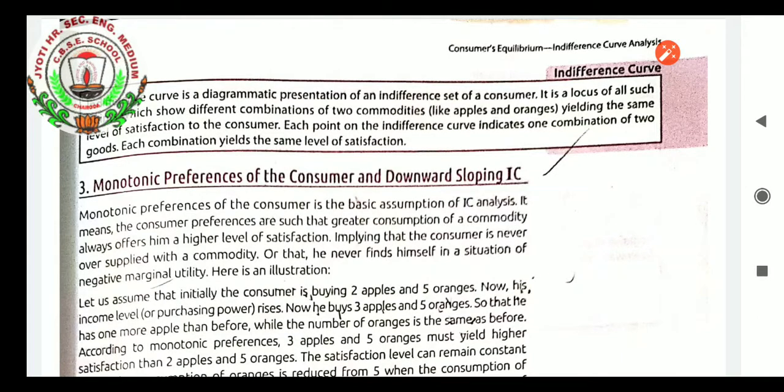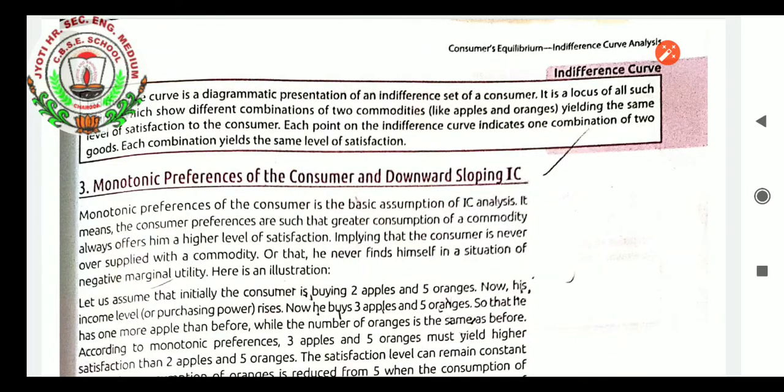In the same way, monotonic preference is important. Monotonic preference means the first preference a consumer gives to a particular good, where mono means single and preference means importance. So single-person importance tells us what the indifference set is for the consumer.